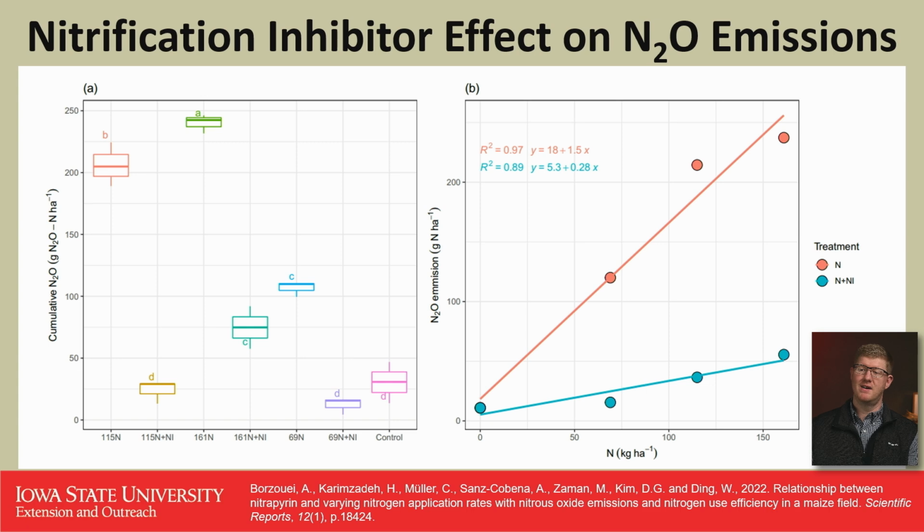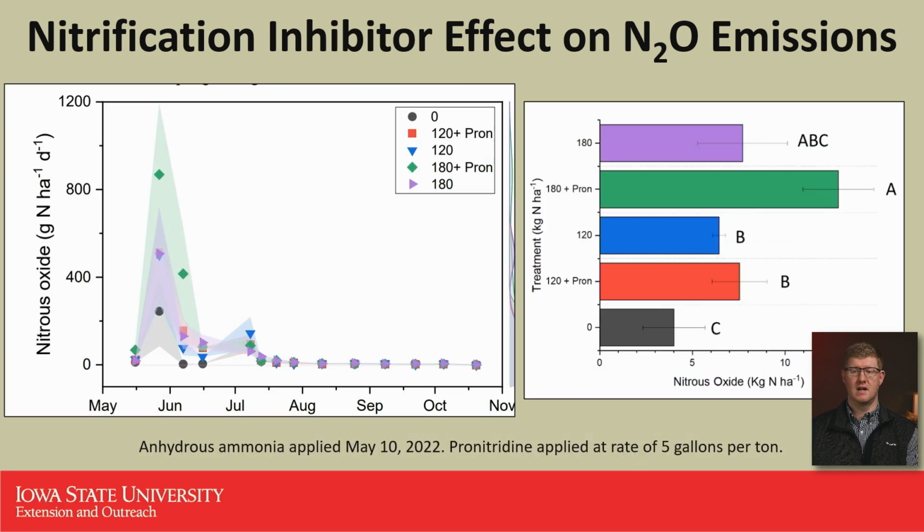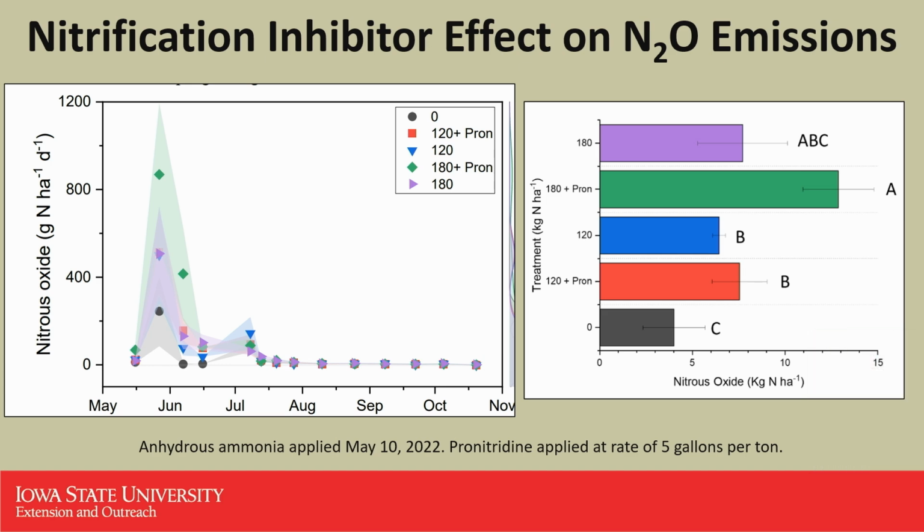The caveat here is that that's not always the case. So if we look at this study, and again, I'm going to encourage you to really focus on the figure on the right. The black is where we have no nitrogen. Red is 120 pounds of anhydrous with Centuro. Blue is 120 without. Green is 180 pounds with Centuro, and purple is 180 without.